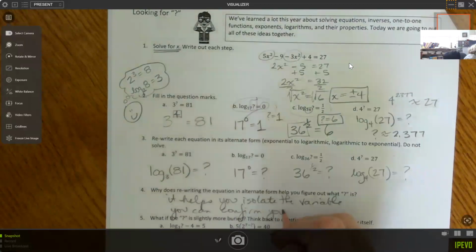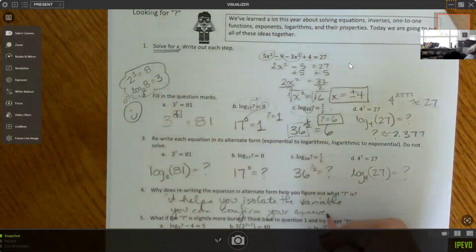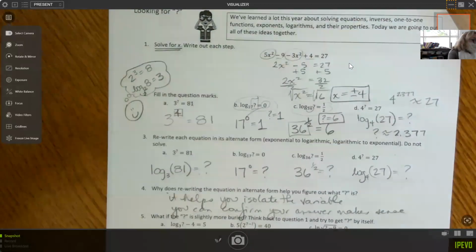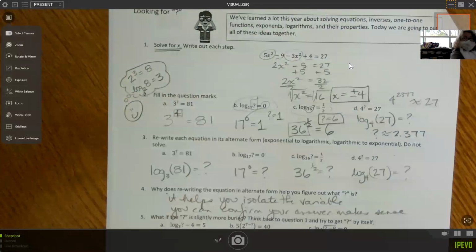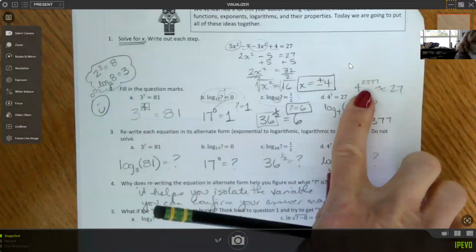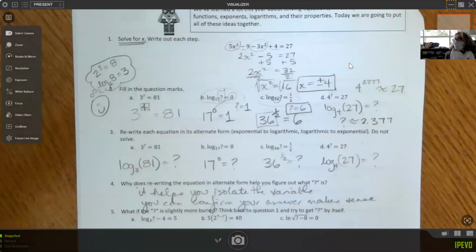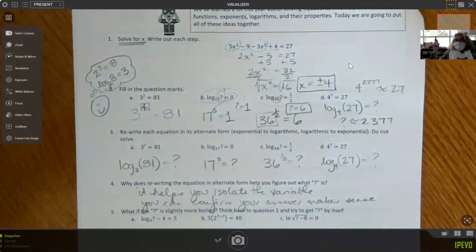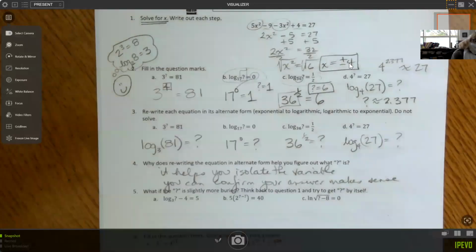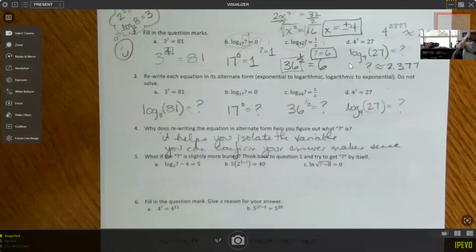For me, it's just easier when I'm glancing at an exponential to tell it makes sense. So something like this, you go, oh yeah, that makes sense because 4 squared is 16 and 4 cubed is 64. Maybe for some people it's effortless to look at the log and know it's correct.